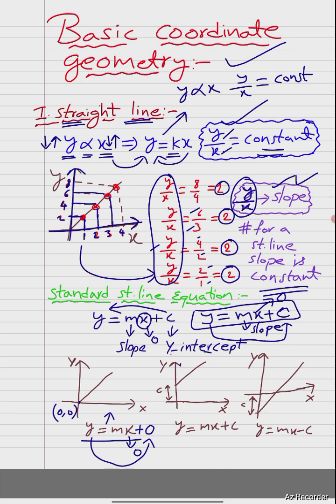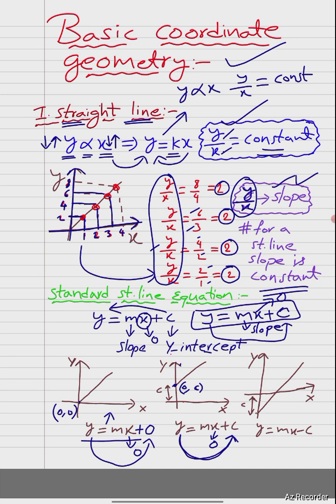Now what about y equal to mx plus c? Again c is the y-intercept. That means if you put x value to 0, then y value is plus c here. When x is 0, the coordinates of this point are x coordinate 0, y coordinate c.